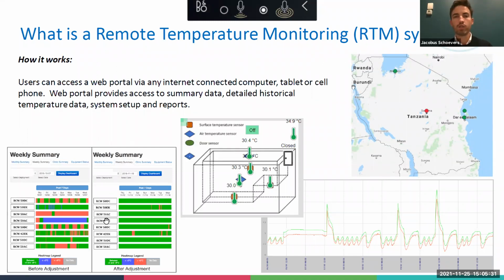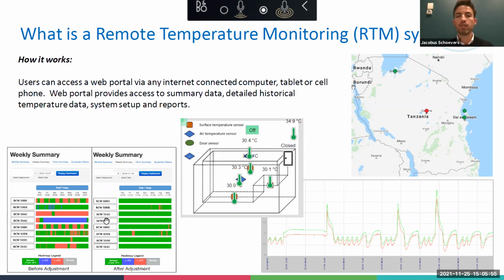Bonaventura will speak about real data a little bit later on. This shows you that you typically have a map view with the locations of the RTMDs shown on that map. It will show you whether or not the system is in green or in red, red being, of course, bad, and showing that there's some action needed.